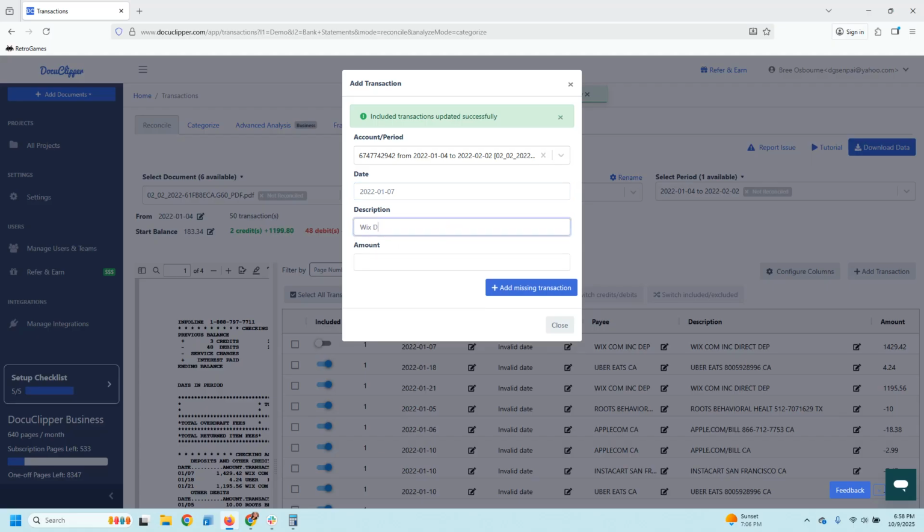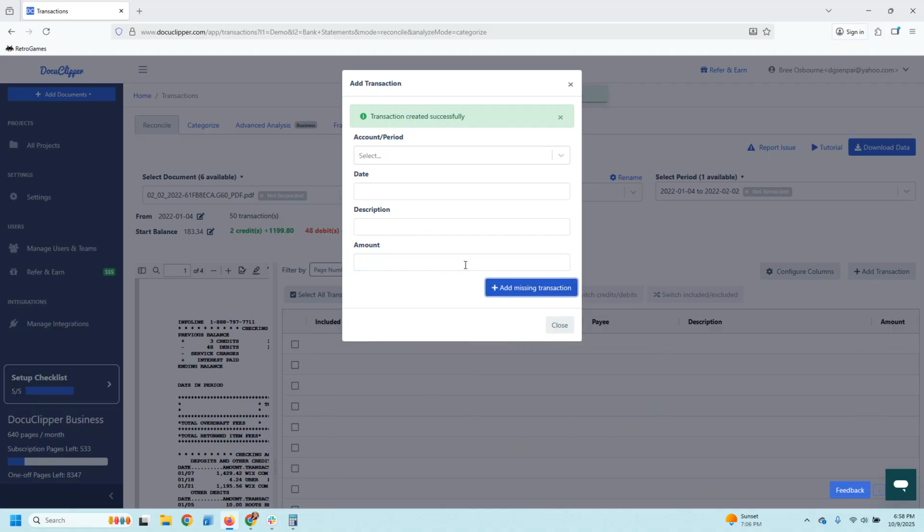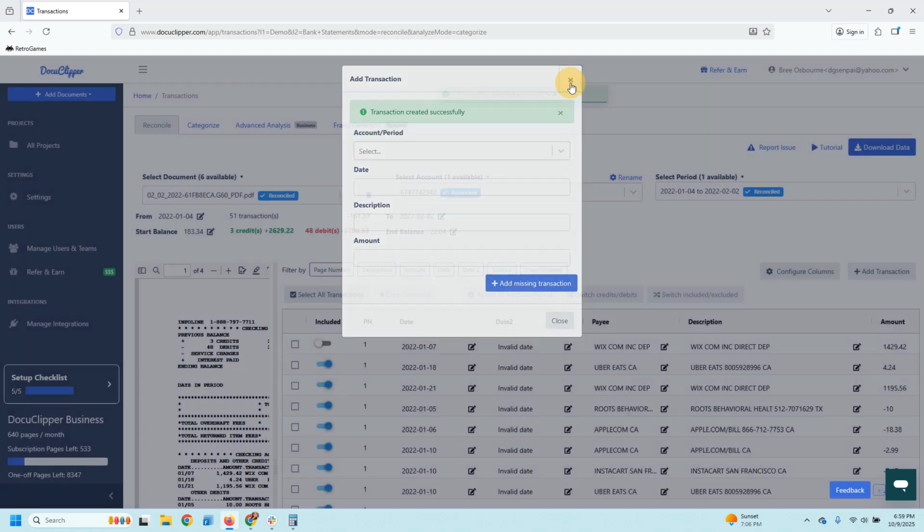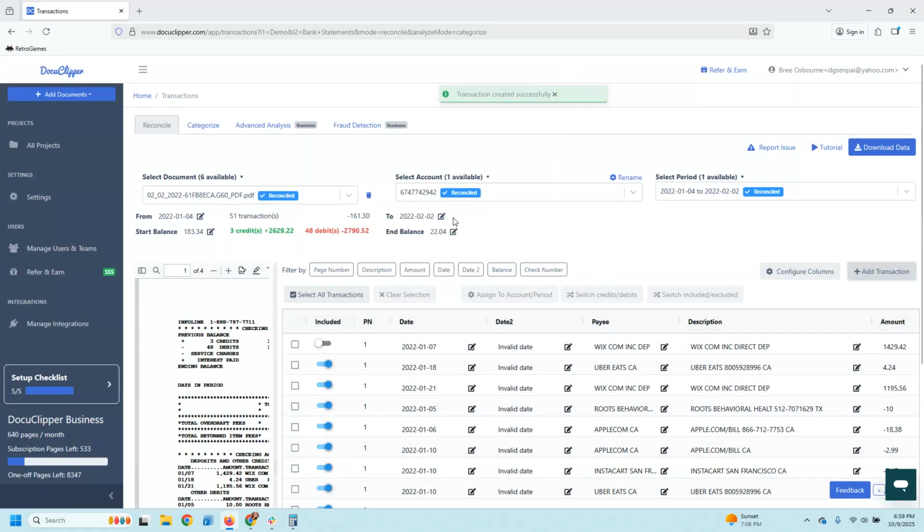And this was a Wix direct deposit in the amount of $1,429.42. And we could simply add that missing transaction. And once we add that transaction, we move back into a reconciled state.